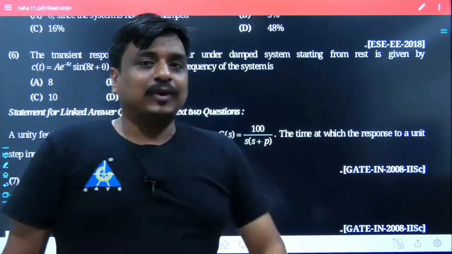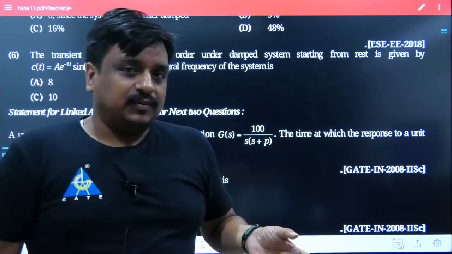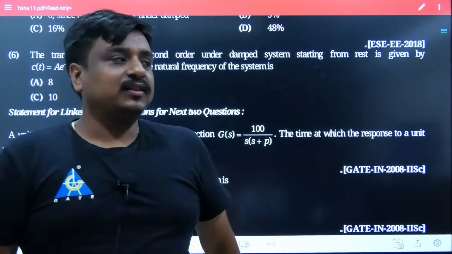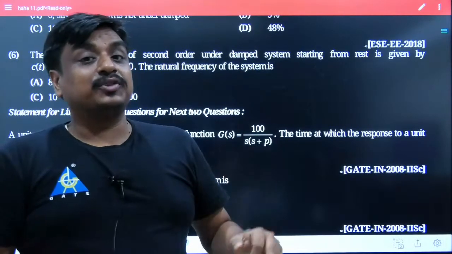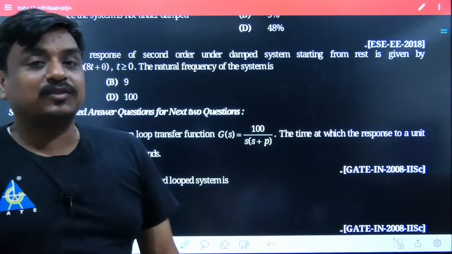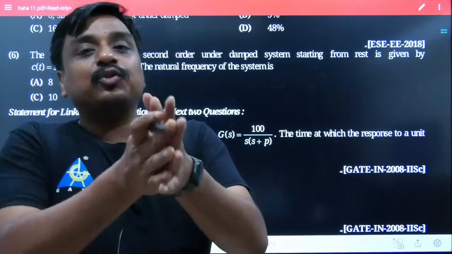So for the second order system, y(t) is defined as 1 minus e^(-zeta omega_n t) divided by root over 1 minus zeta square, times sine of (omega_d t plus theta). What is that? It is the complete response.